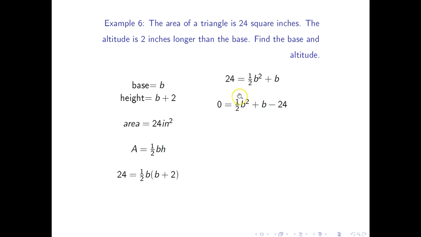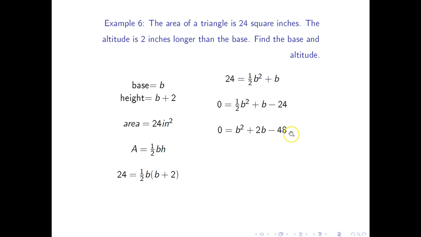Now, I personally do not like having a half here, so I want to get rid of that 1/2. So I'm going to multiply every single term by 2, because I can multiply both sides by whatever I want. Because 0 times any side is going to be 0. So 0 times 2 is 0. 1/2 times 2 is 1, and this gives me 2b, and this gives me negative 48.